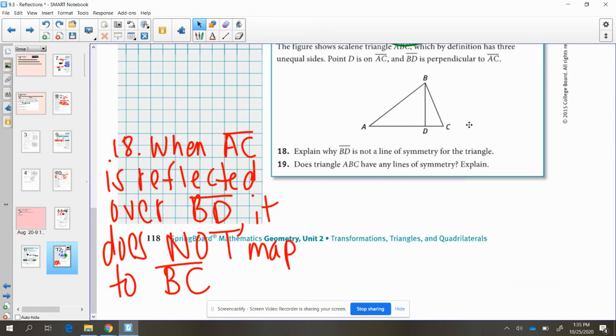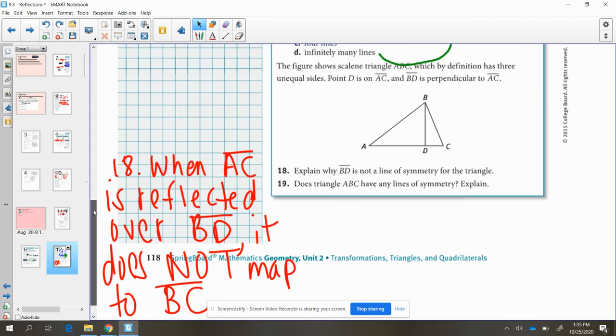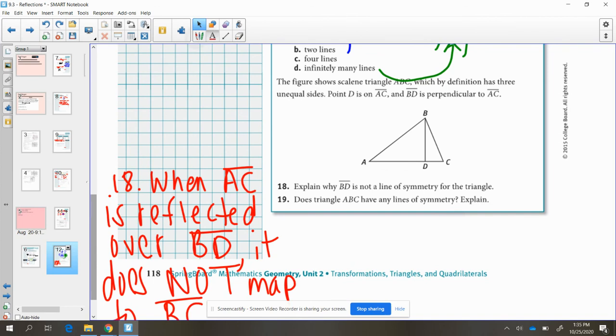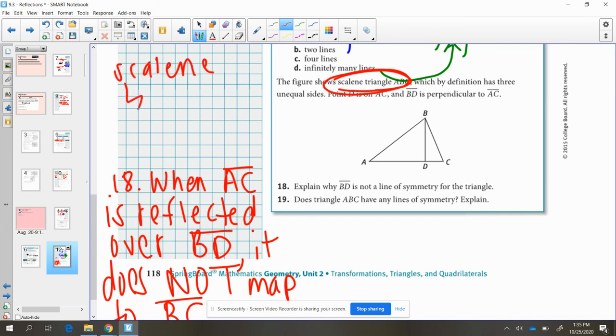Okay, now, continuing on with that, if we look at this, is there actually anywhere that we're going to be able to draw a line of symmetry? No. And the reason is the type of triangle that this is, called a scalene triangle. What scalene triangles do is they have no equal sides in their picture. They're not like isosceles that have two or equilateral that have all three. There are no equal side lengths in this picture.